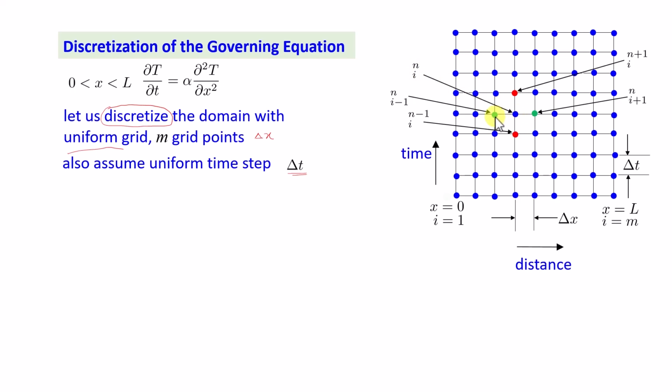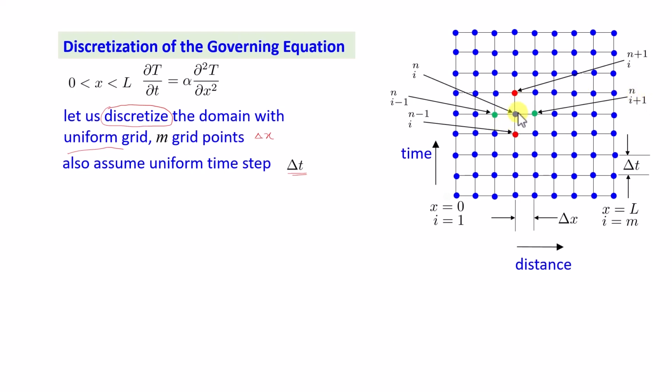The point to the left of it has a space index of i minus 1, but this is still at time n, because this horizontal line indicates the nth time. Similarly, the other green point, which is to the right of my point of interest, has index i plus 1, n, that is i plus 1 in space, n in time.